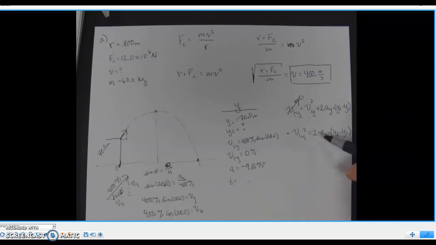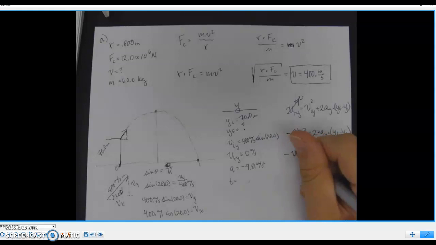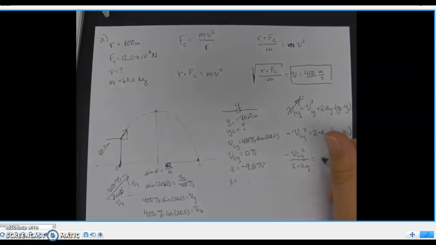Now I'm going to divide by 2 and acceleration in the y. That's going to equal what was in the parentheses. And so now I'm able to get this by itself by adding y initial to the other side.